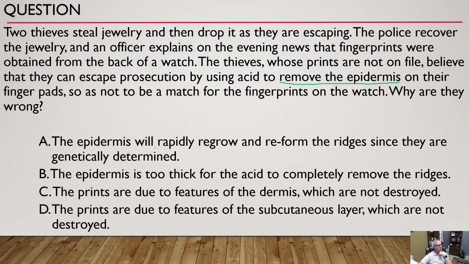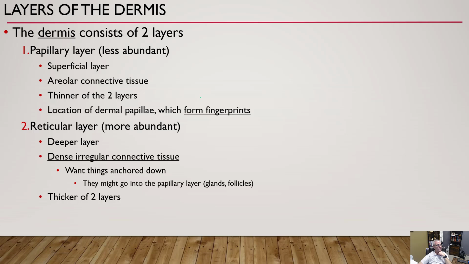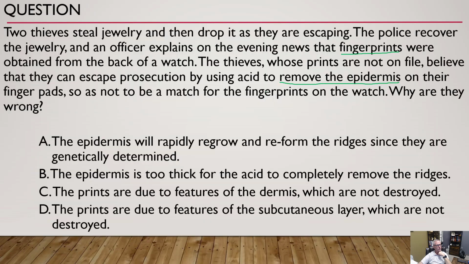The epidermis will rapidly regrow and reform the ridges since they are genetically determined. So they've used acid to remove the epidermis. Our fingerprints are actually in the dermis. So if we use acid to remove the epidermis, we're not removing the dermis, we're just removing the epidermis. So this one's going to be wrong.